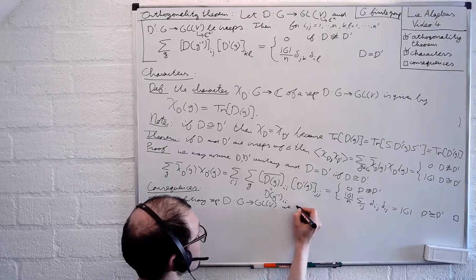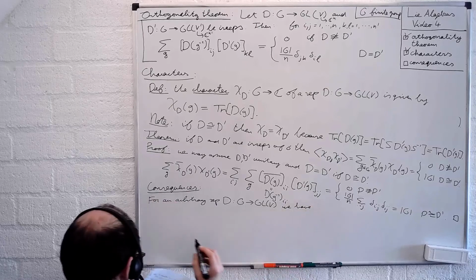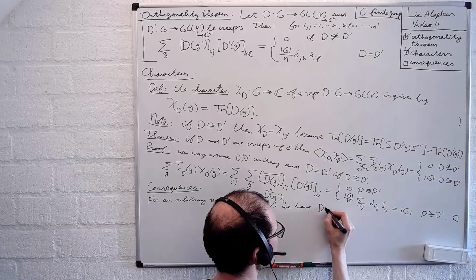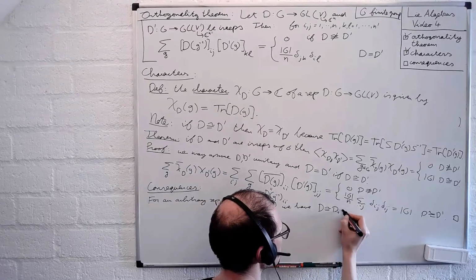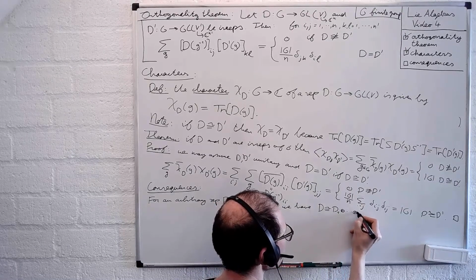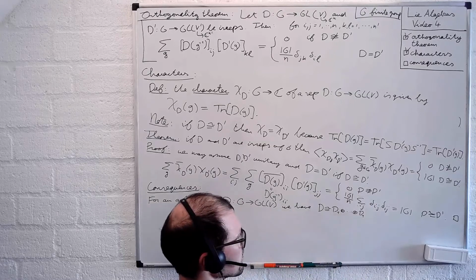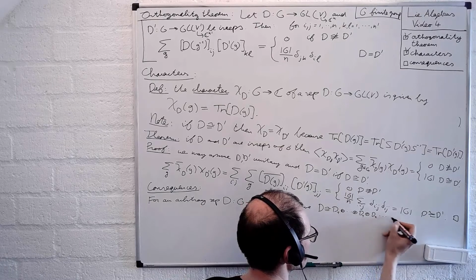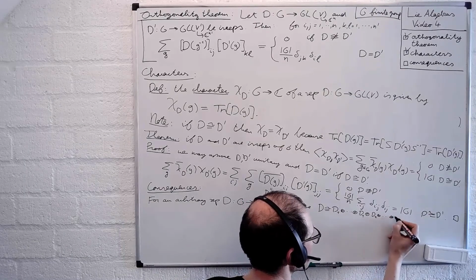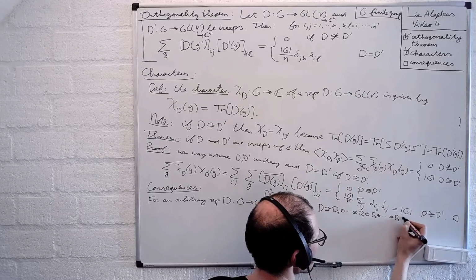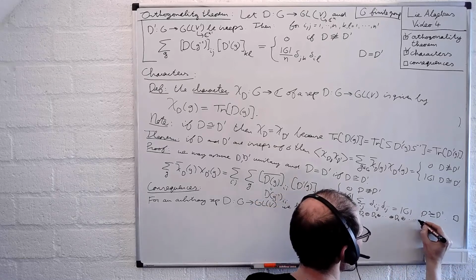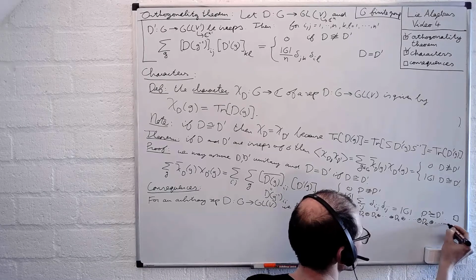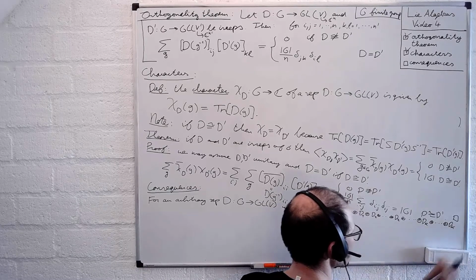So we have that D is equivalent to a number of copies of one of the irreducible representations, then a number of copies of another one, and perhaps there are k different irreducible representations appearing in the decomposition.